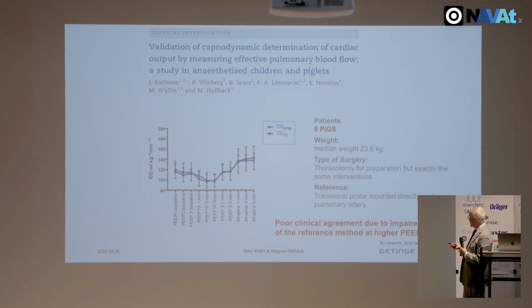So we found that the problem with the clinical part of this study was that when you increase PEEP, you change the angle and the position of the heart, which makes suprasternal Doppler measurement more complicated.